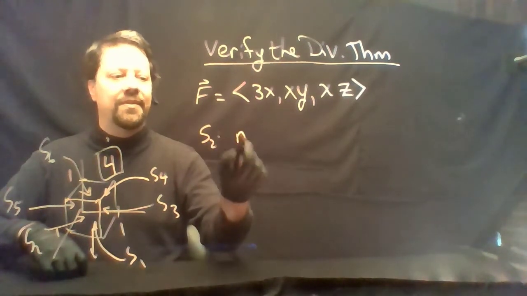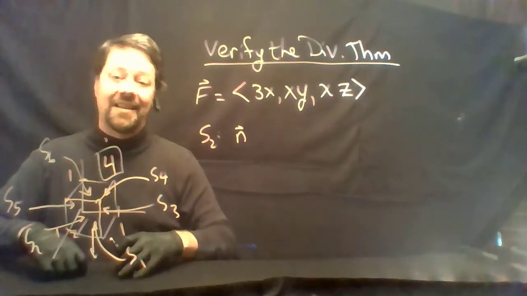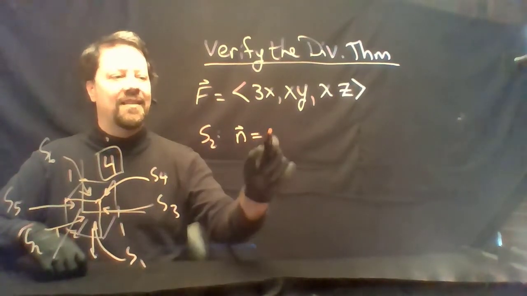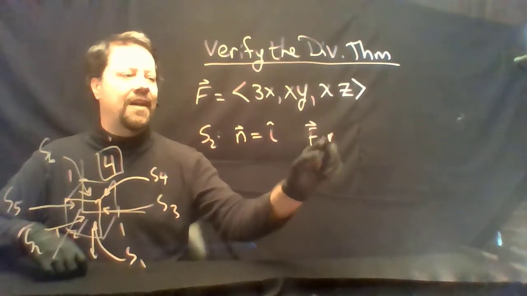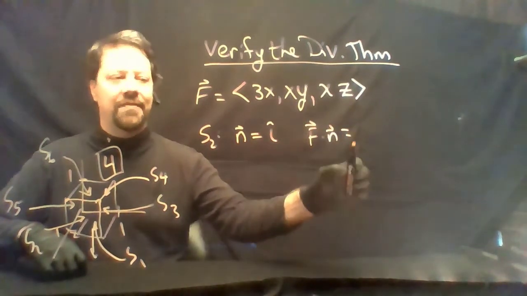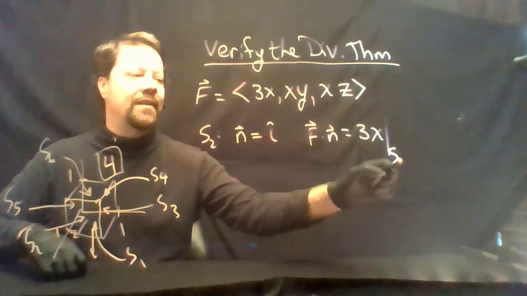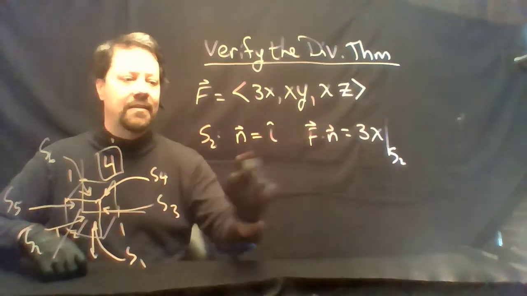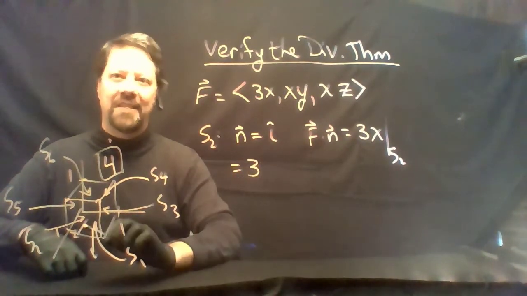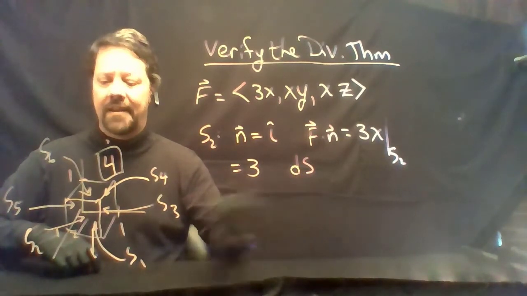On surface 2, the normal pokes straight out parallel to the x-axis. The normal is i. So f dot n on this face will be 3x, which when evaluated on surface 2, x is 1. We'll have 3. The surface element is easy to find.